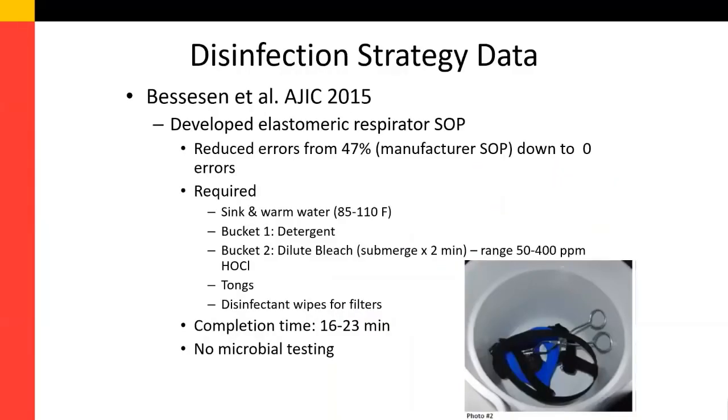So one paper that has come out to describe disinfection strategies was published in 2015 in the American Journal of Infection Control by Bessison and colleagues. In this study, they developed an elastomeric respirator cleaning and disinfection standardized operating procedure.